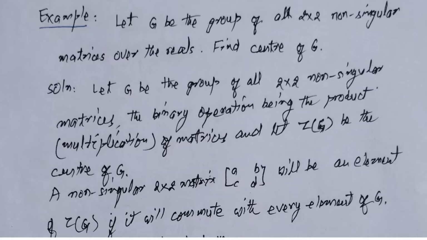Then we have to find the center of G. Let G be the group of all 2 by 2 non-singular matrices, the binary operation being the multiplication of matrices, and let Z(G) be the center of G. A non-singular 2 by 2 matrix [A, B; C, D] will be an element of Z(G) if it commutes with every element of G.